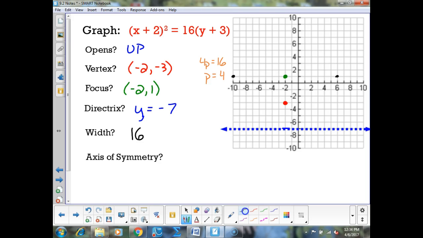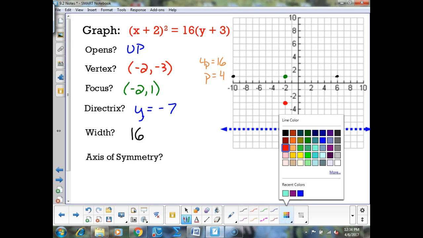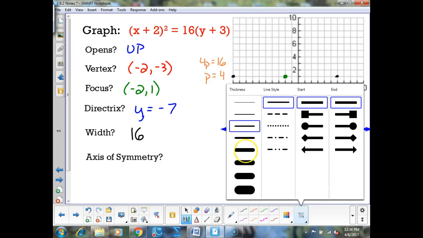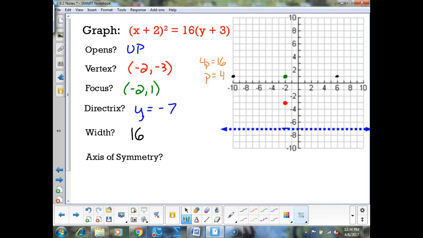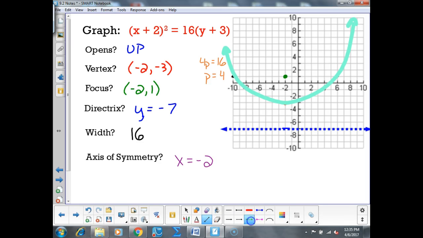I can now draw it in. And the last that I have is my axis of symmetry, x equals -2.